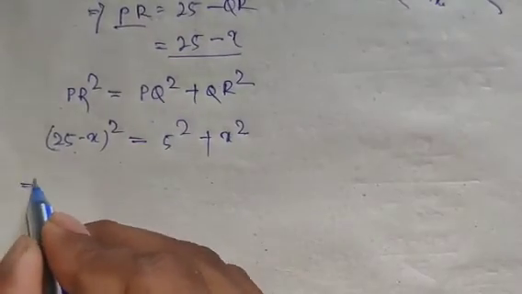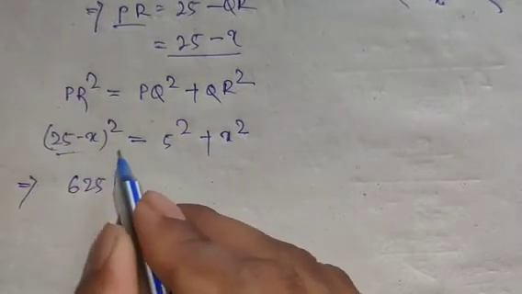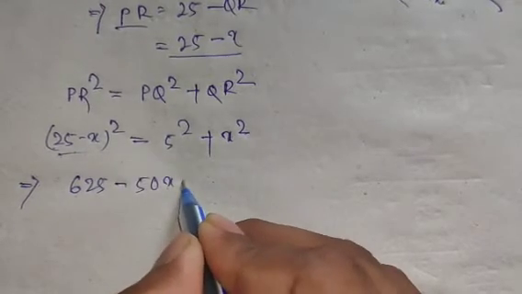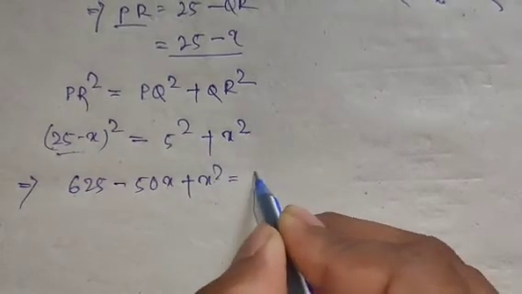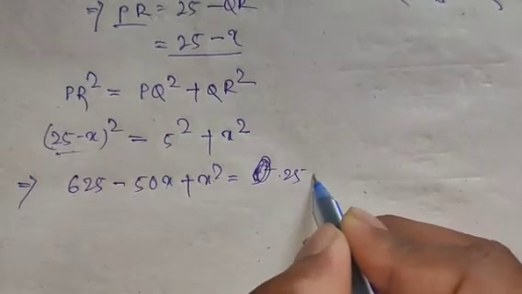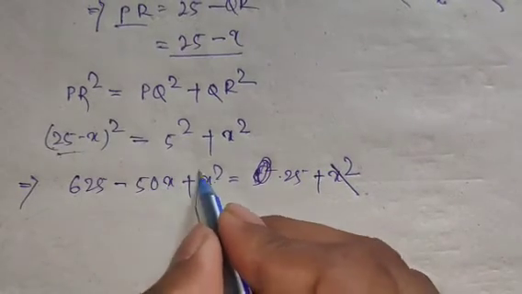So here it will be 25 square, 625, using a minus b whole square, minus 50x plus x square is equal to 5 square, means 25 plus x square. So here x square will be cancelled.